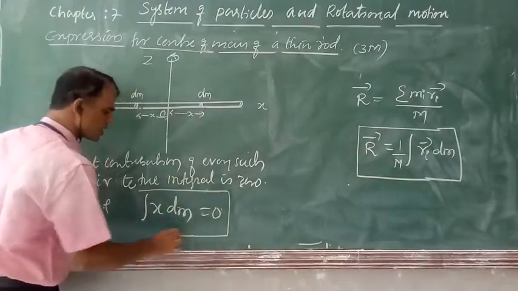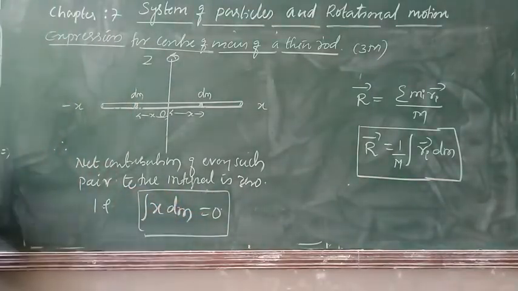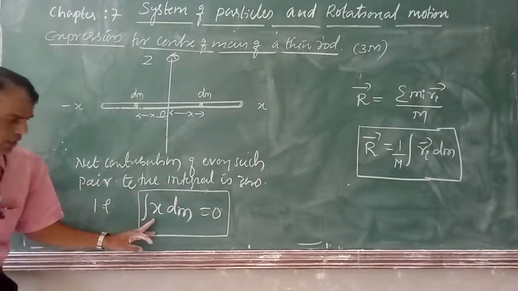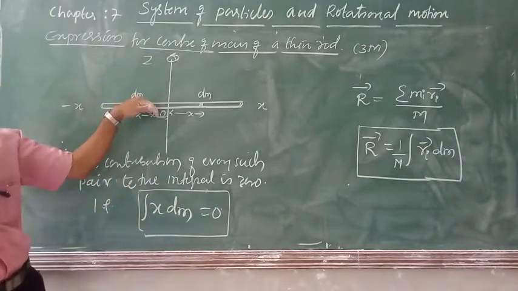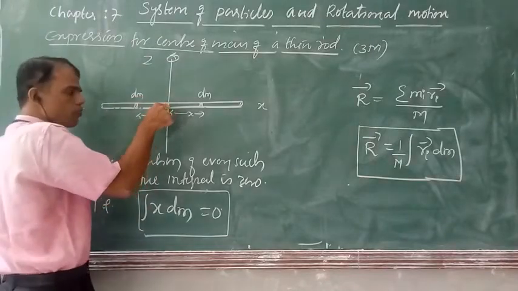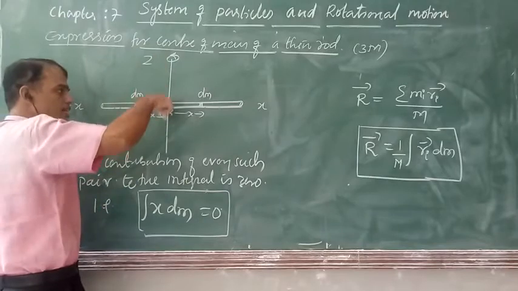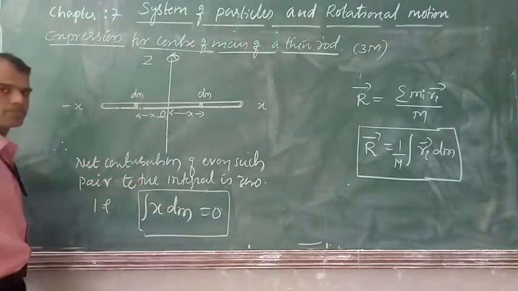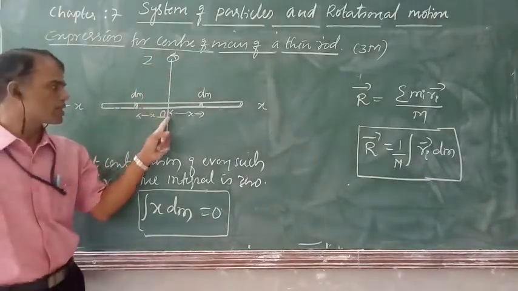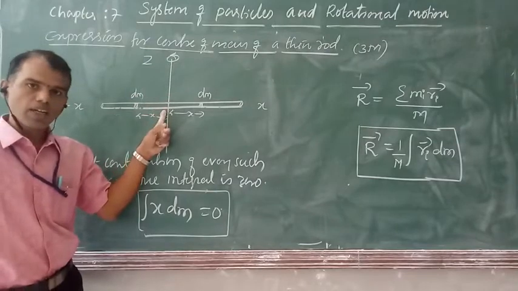Since integration of x dm is equal to 0, it means in this case the center of mass of a thin rigid rod coincides with the geometric center, that is, it coincides at the center of the rod.